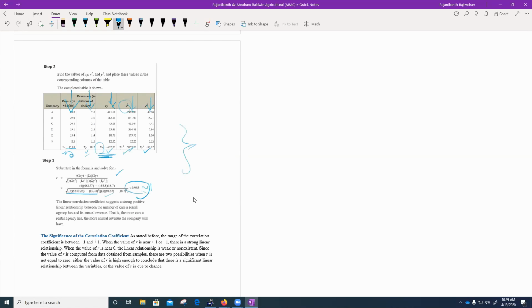Now I'm going to show you how to use the calculator, the TI-83 Plus I'm using, to calculate little r. Okay, so what are the steps we are going to follow?